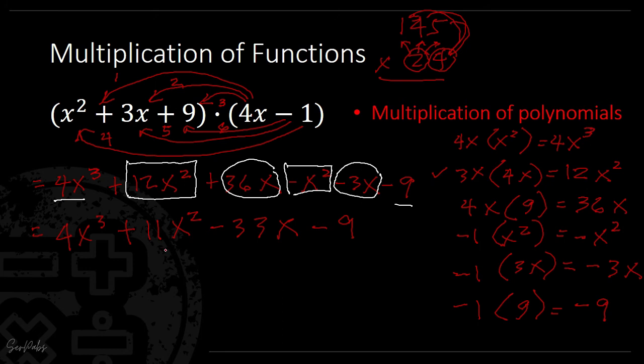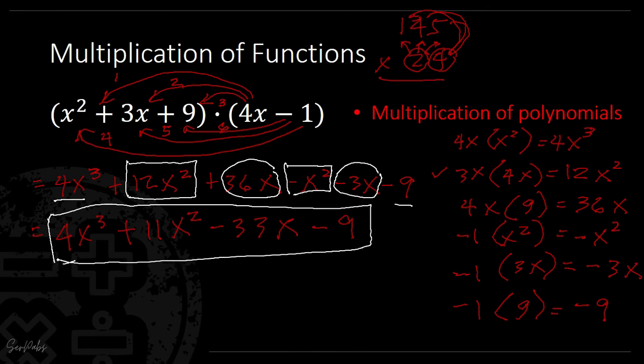So 4x cubed, 11x squared, minus 33x minus 9. Wala nang magkakamukha ng term. Naka-arrange na rin from highest to lowest degree. So ang final answer natin ngayon ay 4x cubed plus 11x squared minus 33x minus 9.